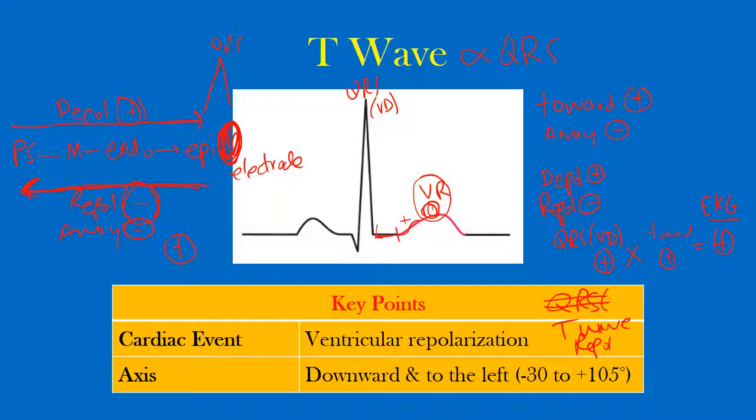And we said repolarization is negative, and in this case it's going away from the electrode. So negative times negative is positive. So on the EKG, we will see both a positive QRS complex and a positive T wave. So the key thing to remember is that a normal T wave should be in the same direction as the QRS complex. And also keep in mind that there are exceptions in some pathological states.